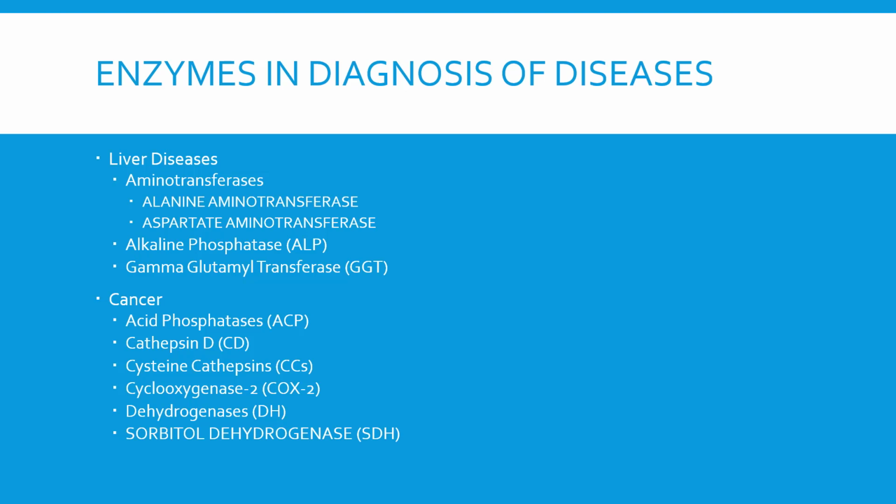So in clinical diagnosis, the level of ALT acts as an important indicator of potential liver disease. Inside the cell cytoplasm, ALT, that is alanine aminotransferase, catalyzes the reversible transamination of L-alanine and 2-oxoglutarate into pyruvate and glutamate, respectively.